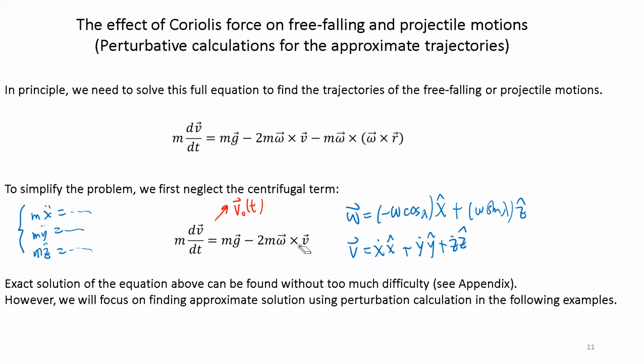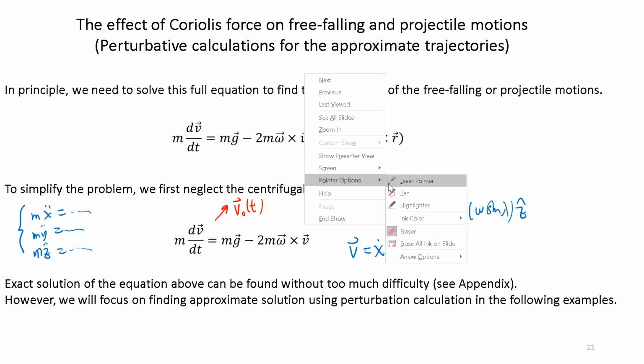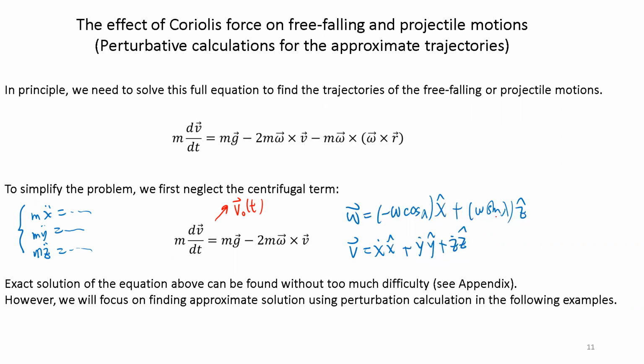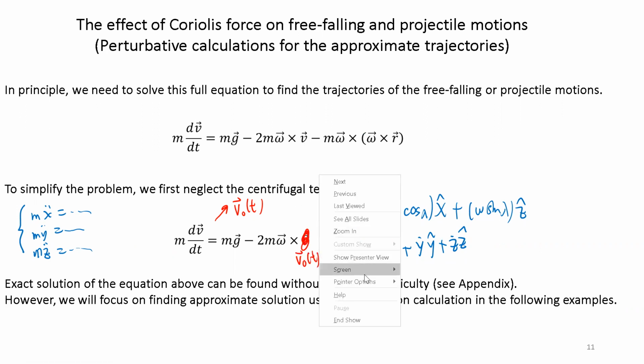When I consider this term, instead of treating this V as an unknown, I'm going to just replace this V by the V naught of t that we just obtained.